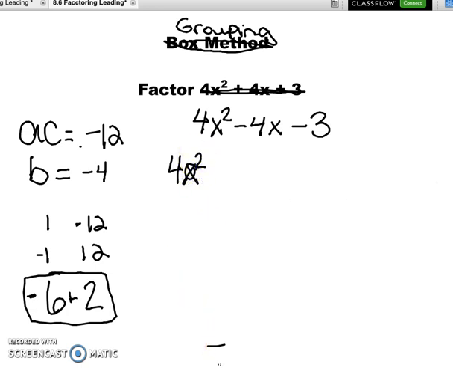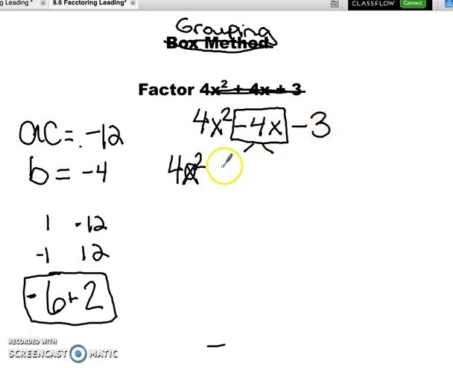squared. I need to write then my B term, so I'm going to split this term up into two different terms using the negative 6 and the 2. Now the 2 has something in common with the 4, and the 6 has something in common with the 3.